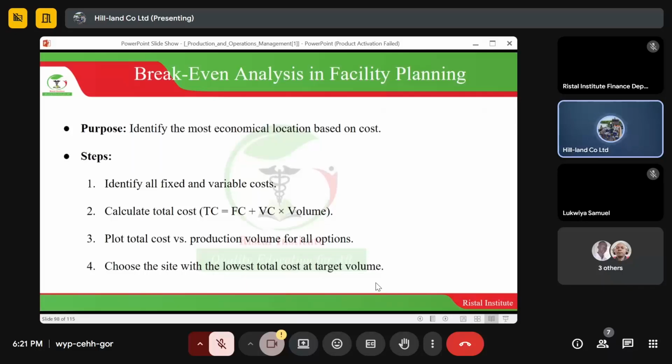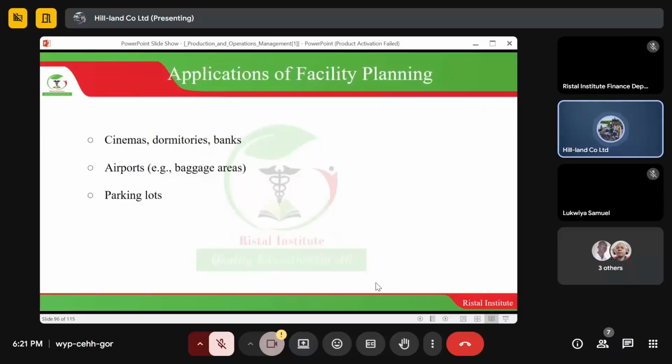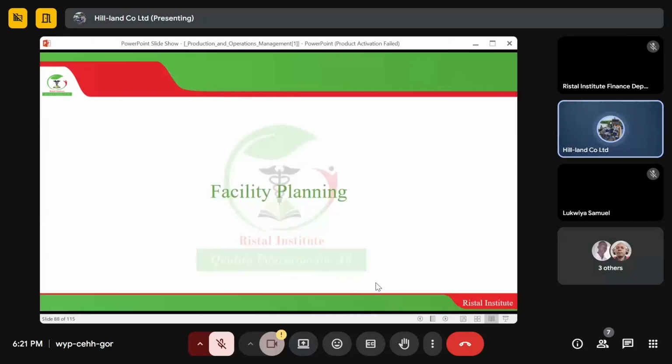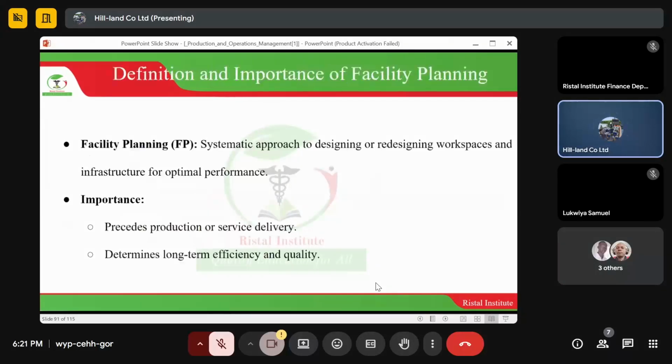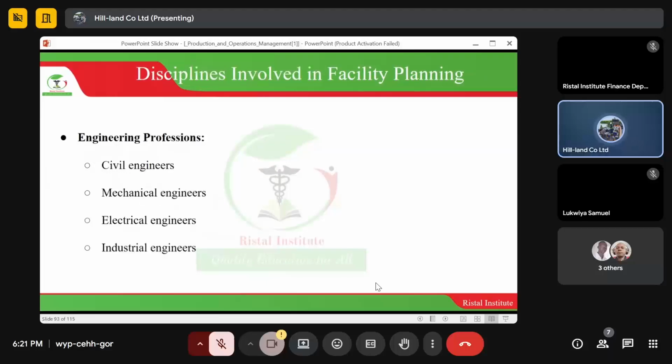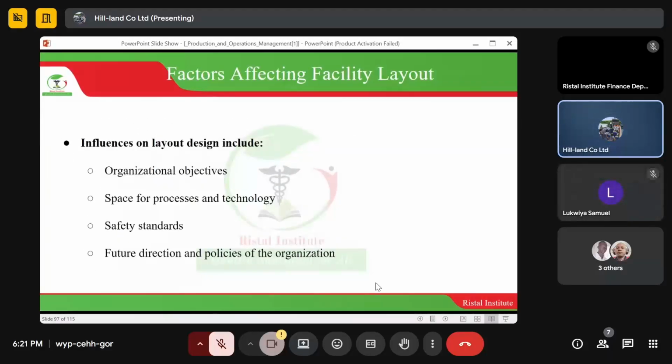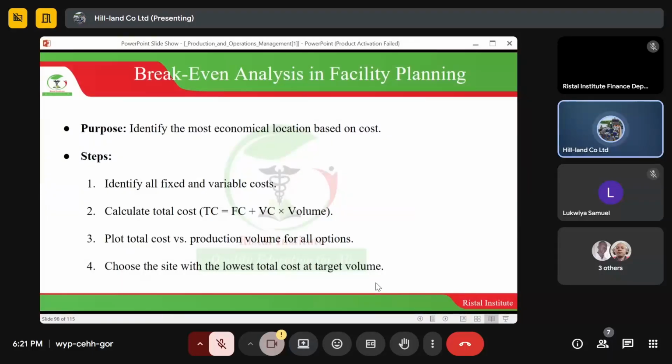production and operation management. On this topic, the last topic, of course, let me summarize it for your understanding, was the facility planning, and the formulas which I was trying to show, these ones you can read on your own. We need to know how do we determine the location of our farm?